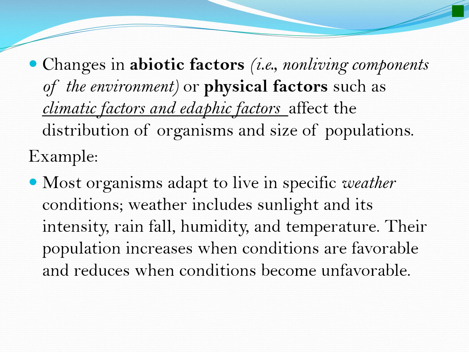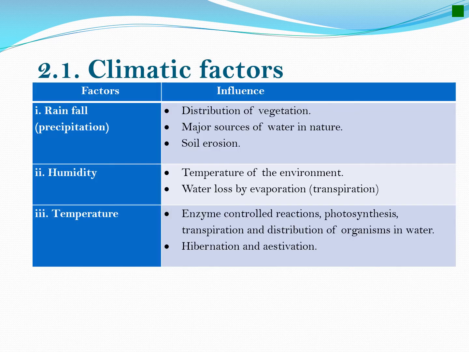in their environment. Let us now begin with the climatic factors, and the first case will be rainfall or precipitation. Rainfall avails the water in nature, and this water is going to be required especially by plants for the purpose of photosynthesis.